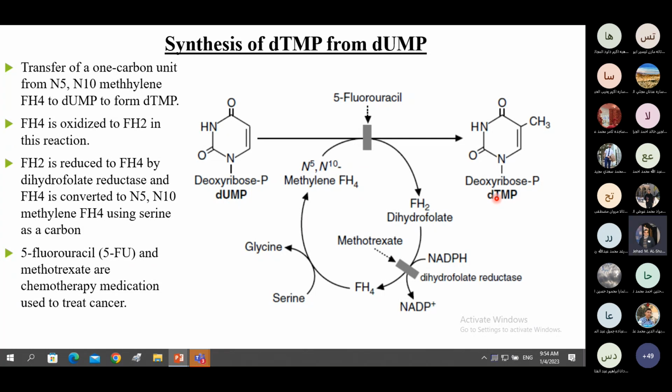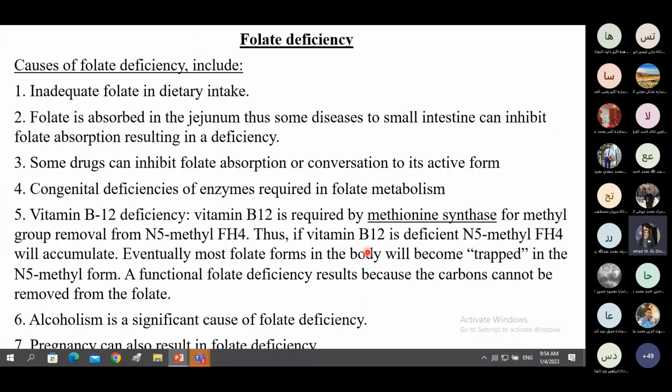Thus, the nucleotide dTMP will not be available for the synthesis of DNA. If we also prevent the conversion of FH2 to FH4 by methotrexate, then we block the synthesis of DNA.